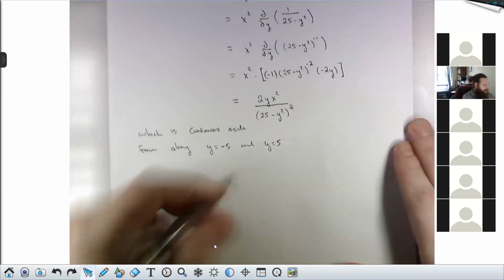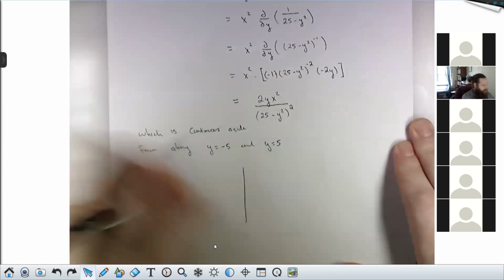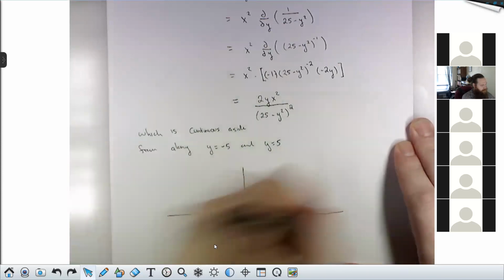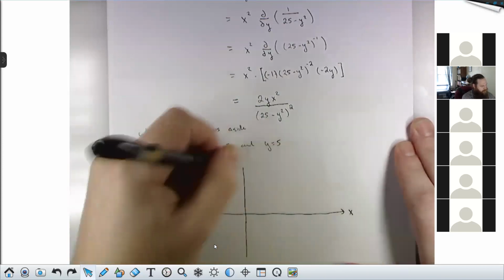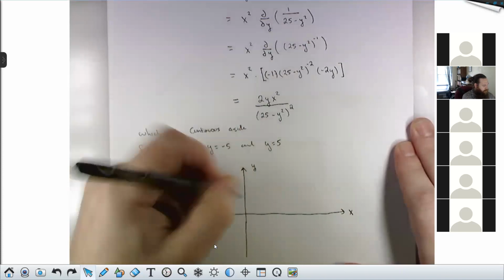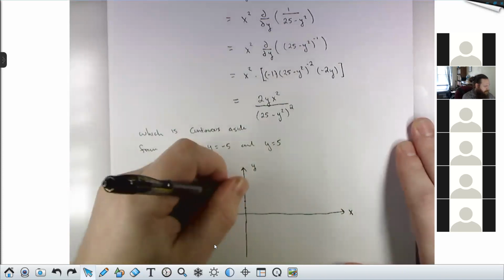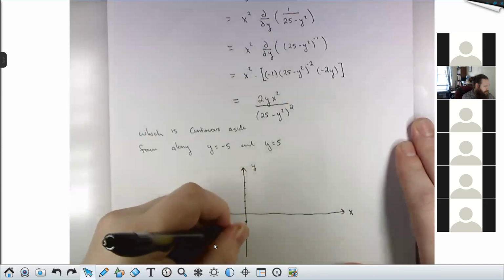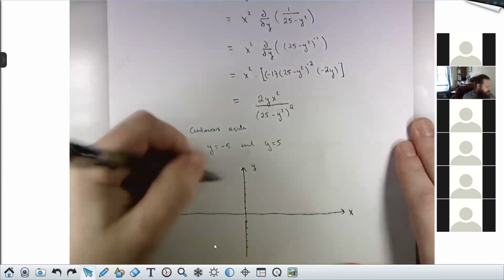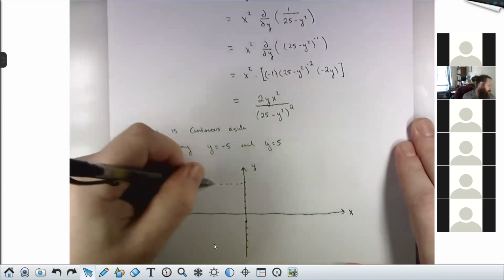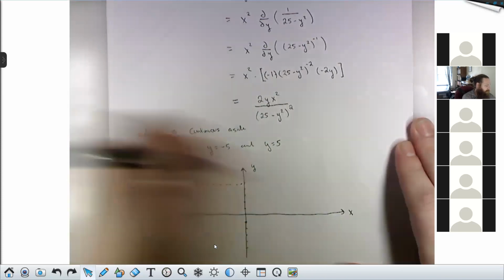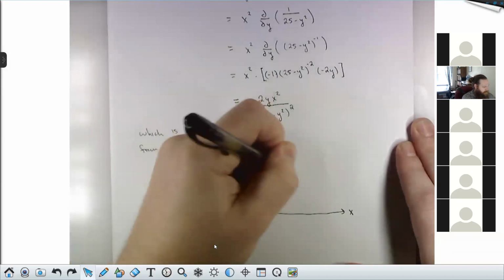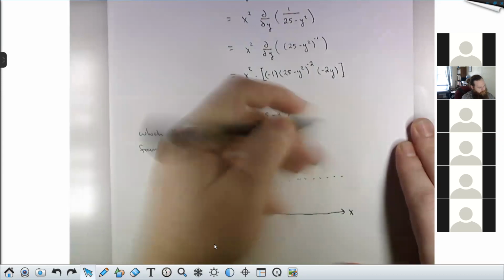I'm going to draw my xy plane now. Here's the line y equals 5 in the xy plane.